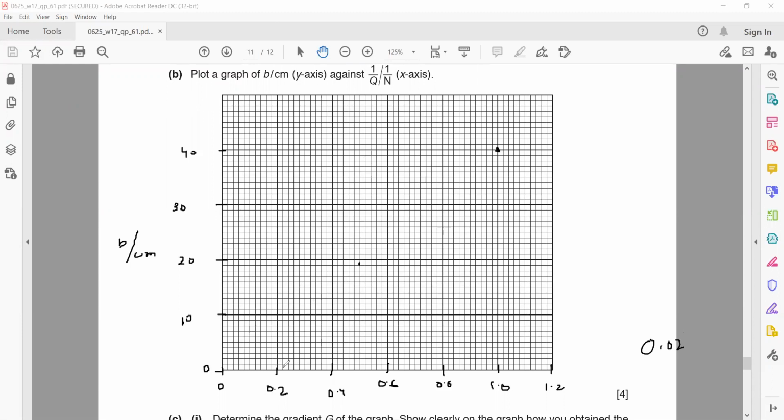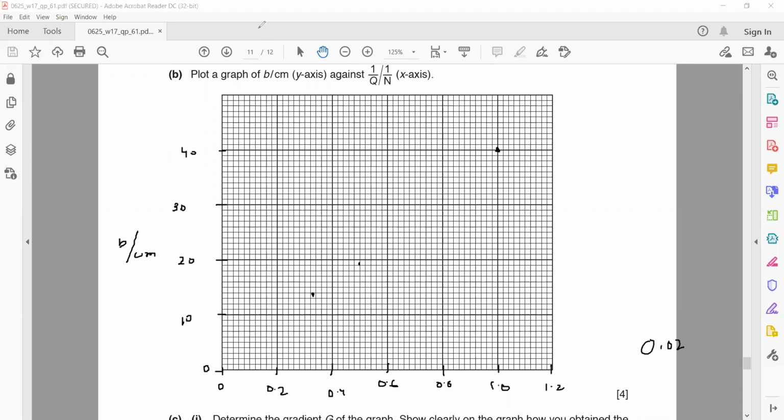So this is 0.22, 0.24, 0.26, 0.28, 0.30, 0.32 and 0.34. So between them will be 0.33. 13.5 and 0.33. So 11, 12, 13, 13.5, somewhat here in between them.